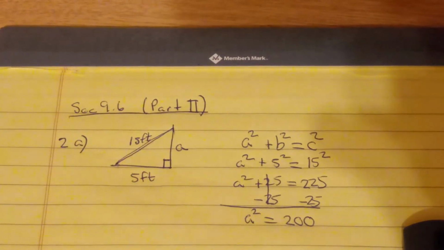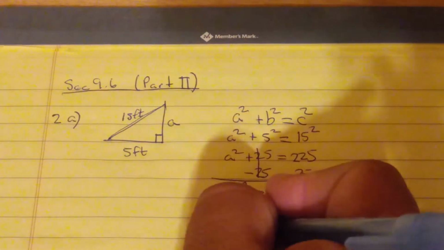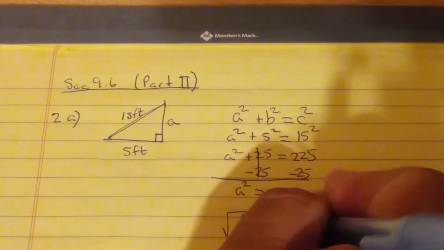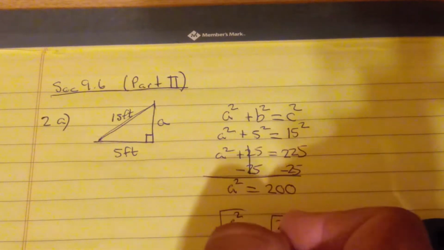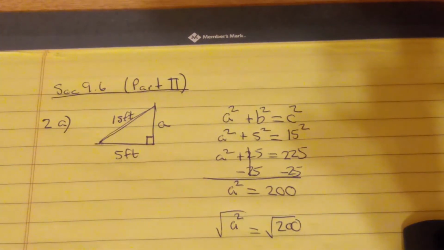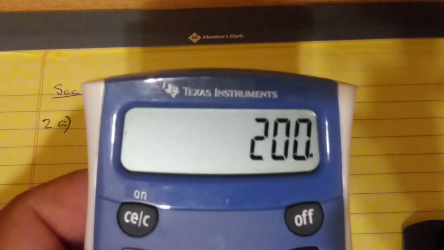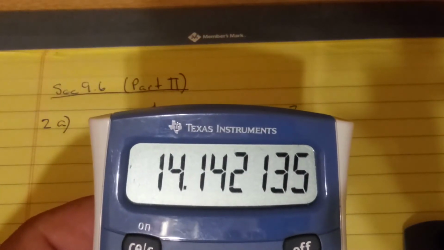All right, so pretty cool. We're getting it straight through. Now remember, we need to solve for A. So we're going to take the square root of both sides: the square root of A squared and the square root of 200. And once again, this is going to be an approximation. So we take the square root of 200, and that gives us 14.142135.